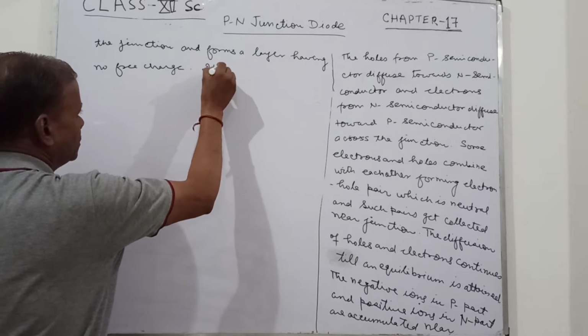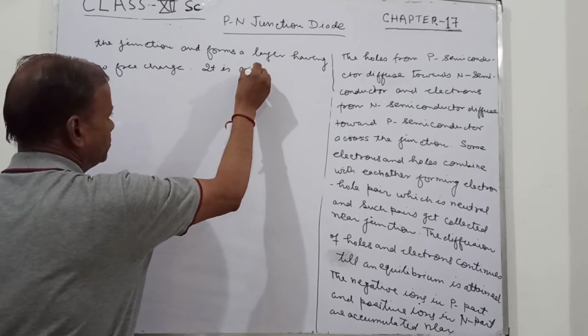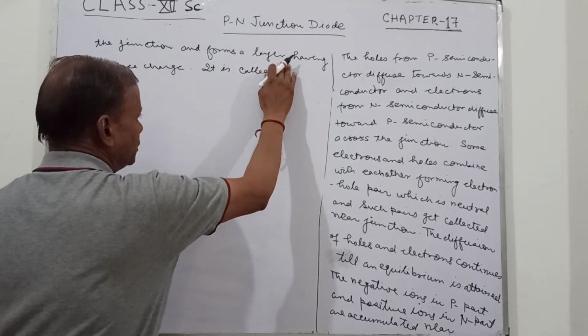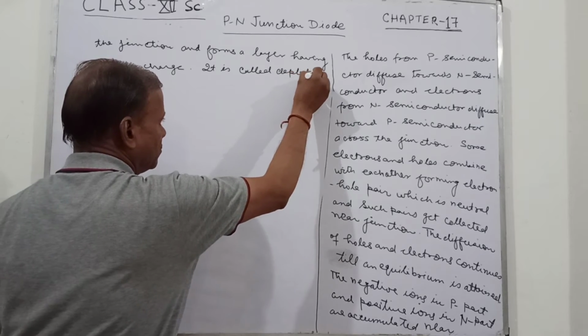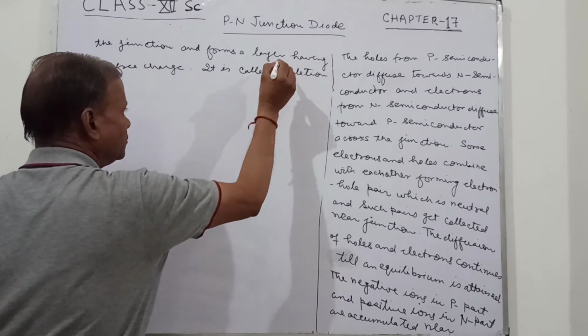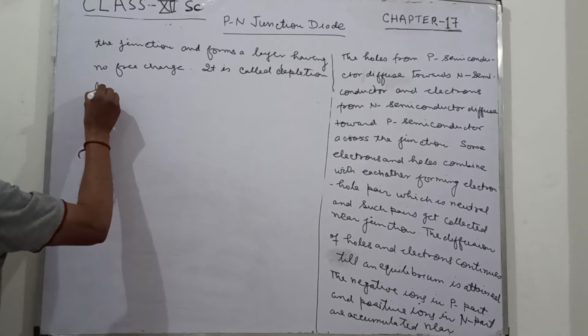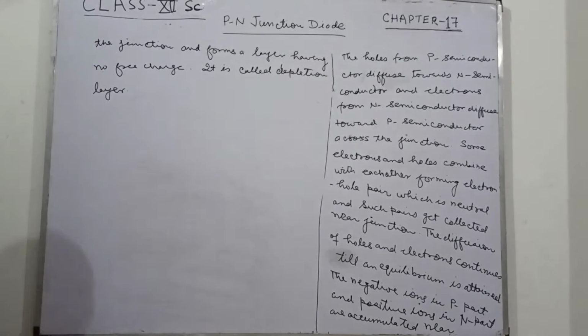It is called the depletion layer. Depletion layer, X1, X2.